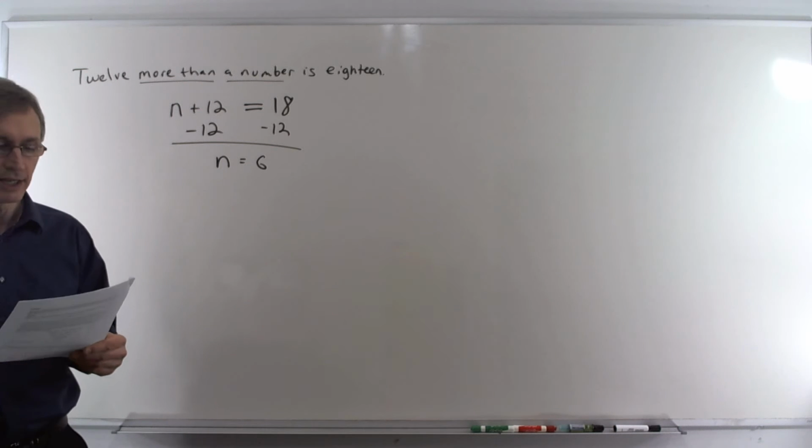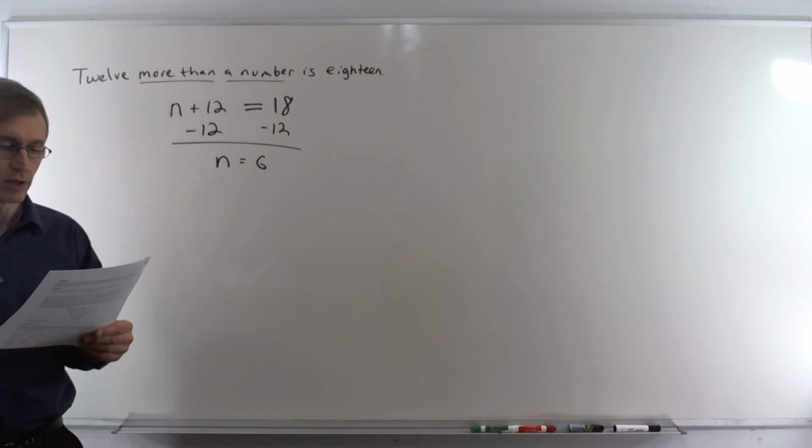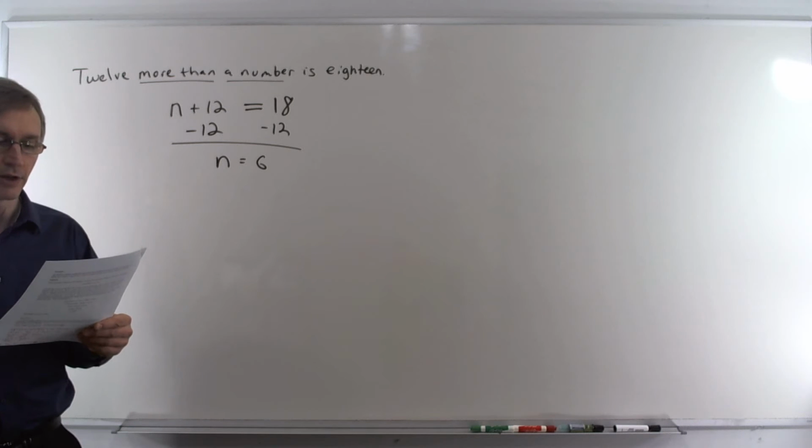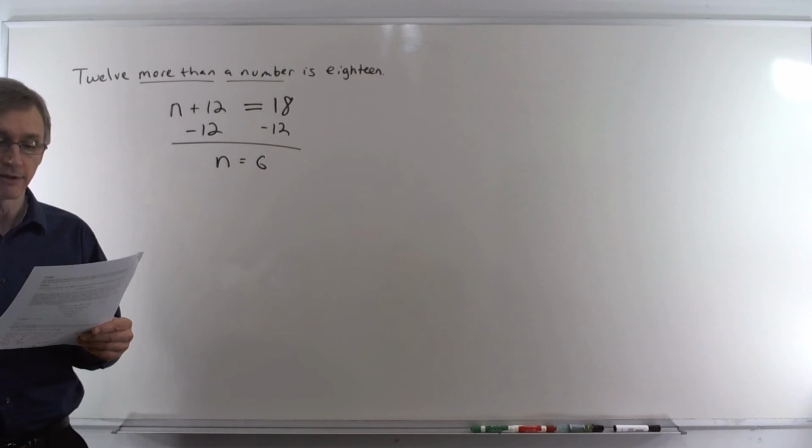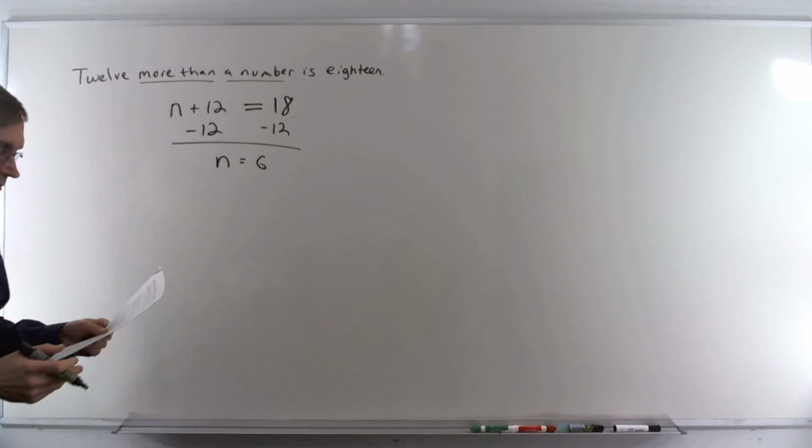All right, use this technique on your turn. We're going to translate "a number reduced by 7 is 11," and then solve it.